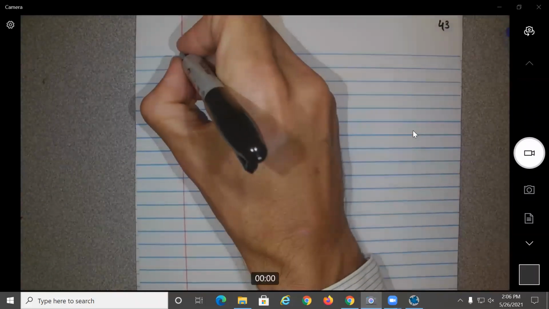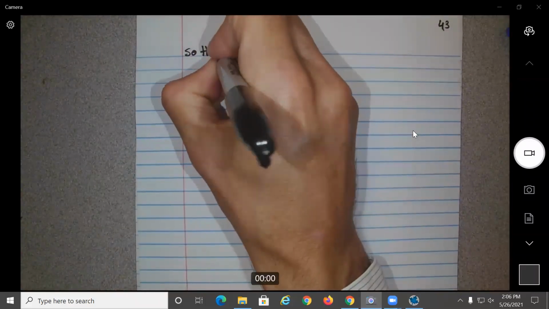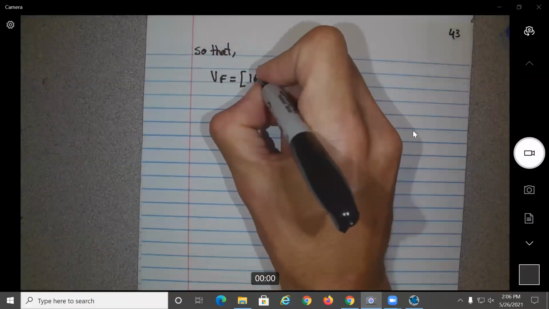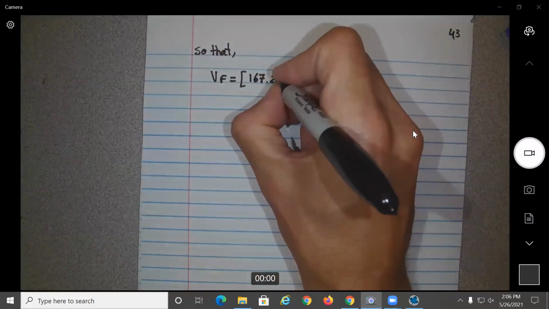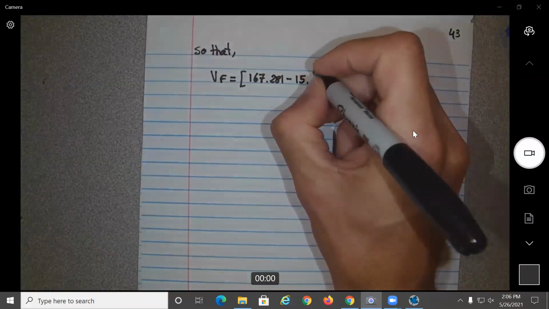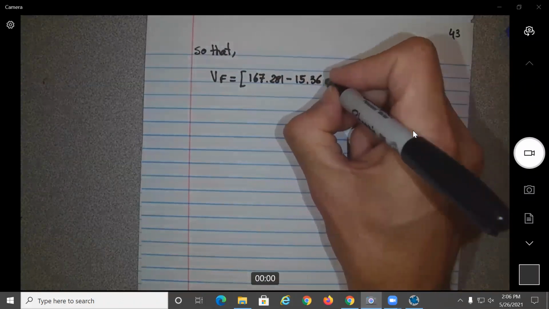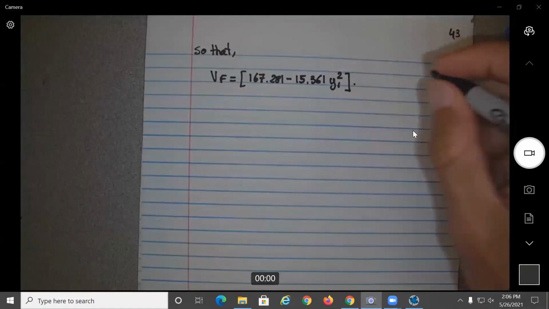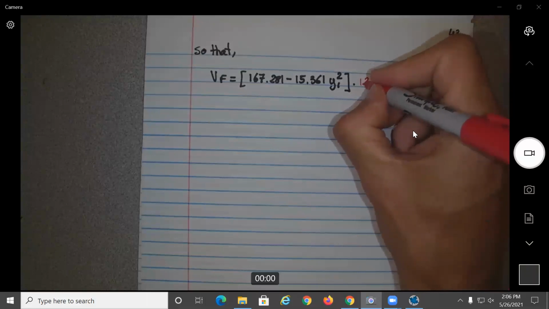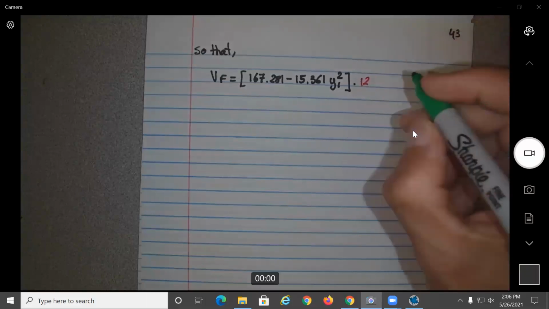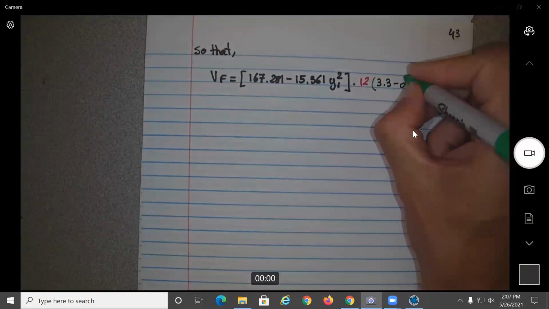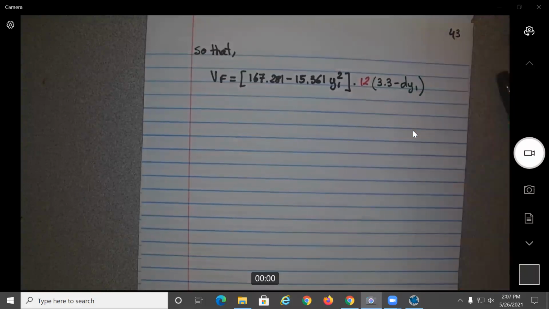So if I write over here, substitute into this equation, V sub F will be equal to 167.281 minus 15.361 y sub 1 square times 12 times 3.3 minus dy sub 1.